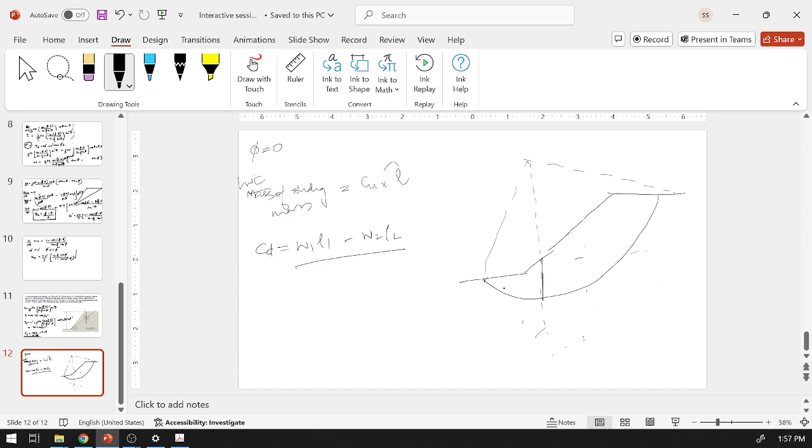Let us divide the wedge like this. This is weight 1, this is weight 2. This is L1. This is L2. So if you see the moment about O here is in this direction, whereas here it is in this direction. This is the disturbing moment while this is a restoring moment. So this part of the slope is acting as a stabilizing part.